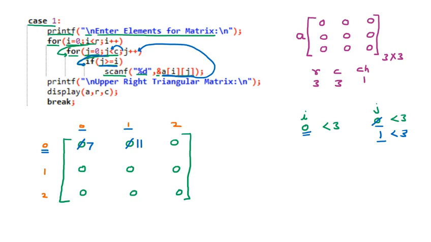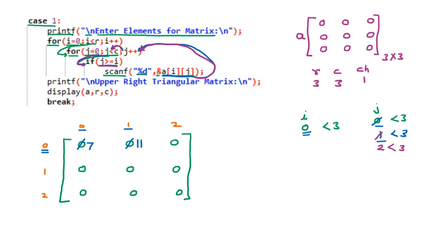Again the loop is going back, and j++. So j is incremented one more time, which is 2. Checking the condition, j less than c. So 2 less than 3, true. Coming down, j is greater than or equal to i.